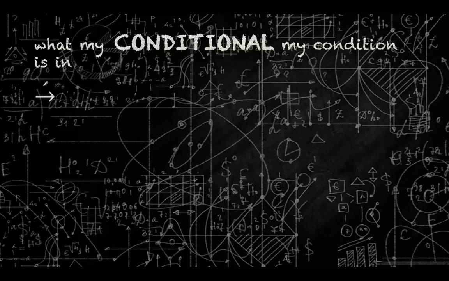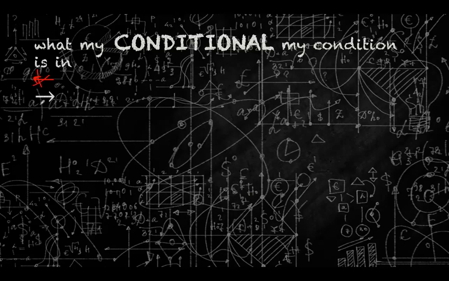And so this is the conditional sign. It's an arrow, and it always goes left to right. So we are never going to have an arrow that goes this way in logic. It's always going to go left to right.